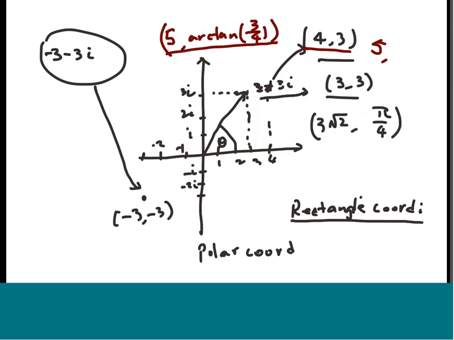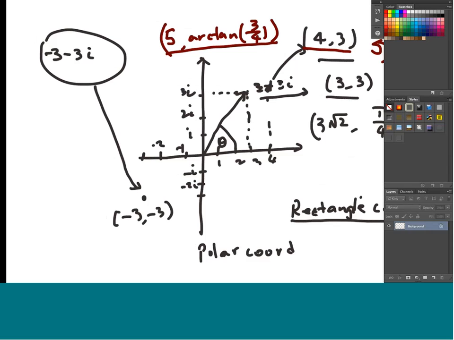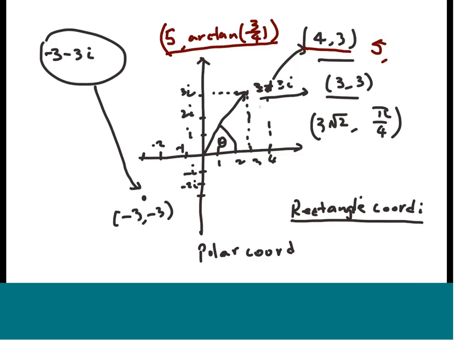Let's use a different color. If here it is (3, 3), then theta is pi over 4. Remember it's cosine theta plus i sine theta. Here the sine is positive and the cosine is positive.